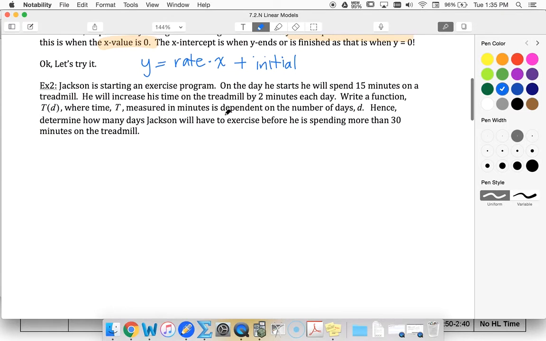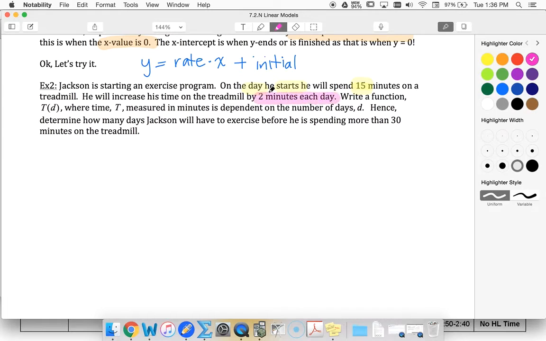We've got Jackson starting an exercise program. On the day he starts, this is our initial value, is 15. He then increases his time by 2 minutes each day. 2 minutes each day is our rate.